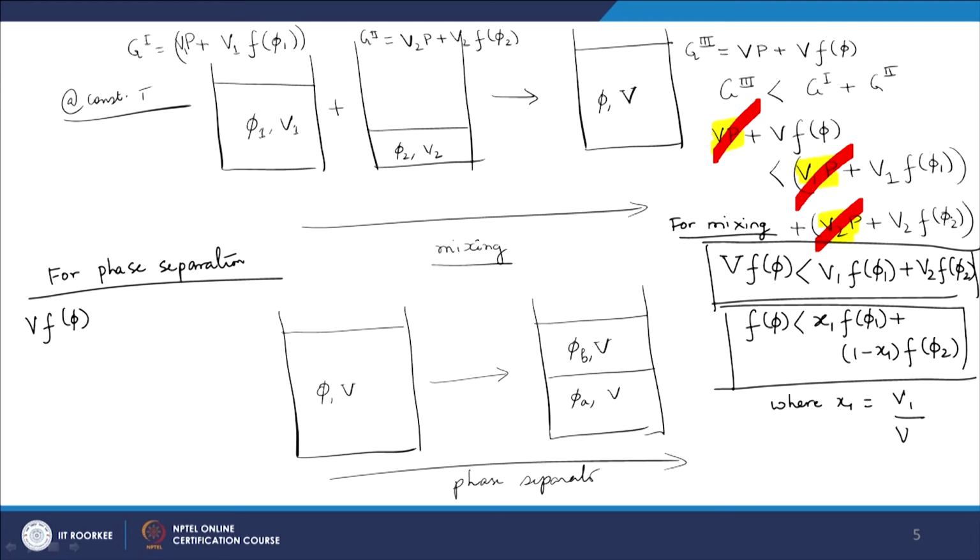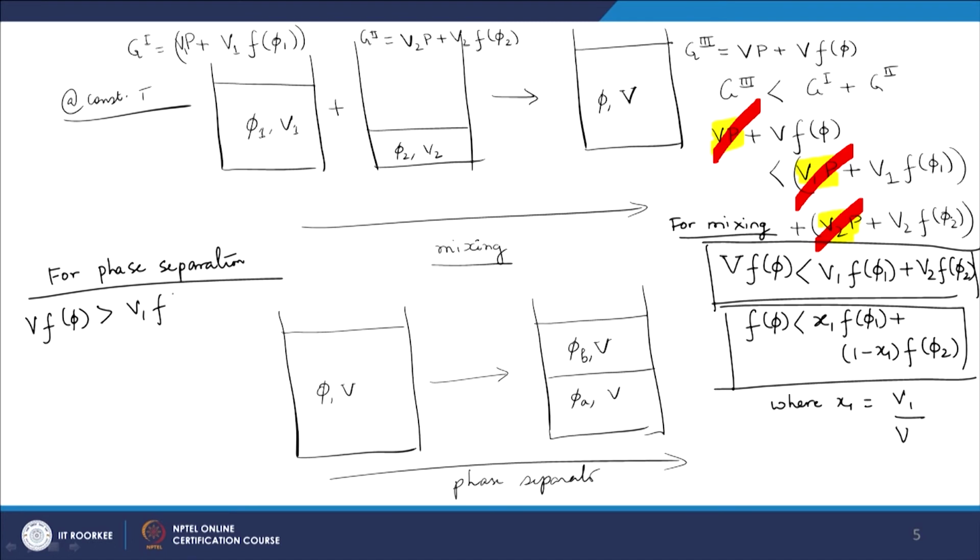Now, the final state is phase separated, which has two phases. The energy in that state should be lesser than the energy in the homogeneous state. So, this should be higher than, so I called it A, or I can say there is a small detail here, or an error earlier.